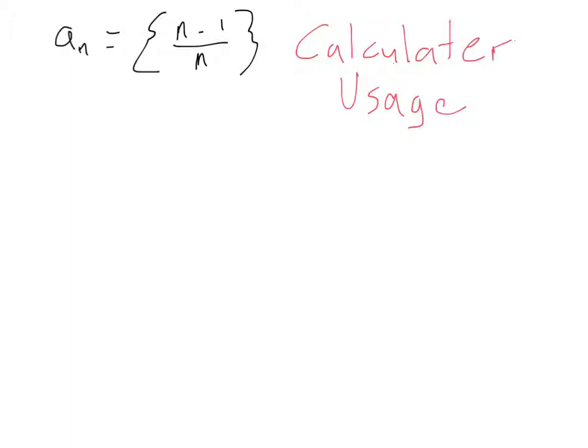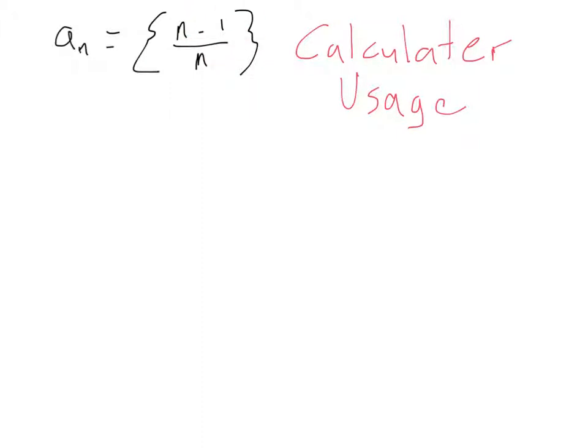First thing we can do, with this particular sequence right here, is have the calculator calculate as many successive terms of this sequence as we need to. So we don't have to do it by hand, and we can also have it make a scatter plot, or a dot plot, of all of the different values on the graph as well.